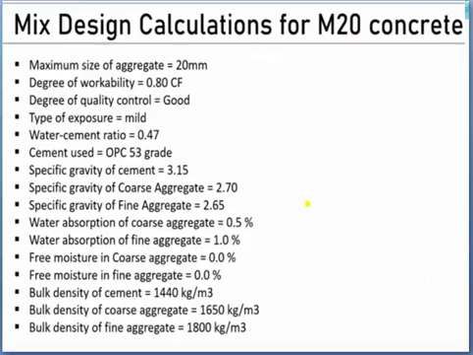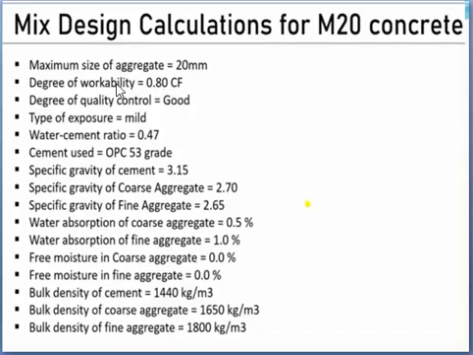So students, now we will discuss the step by step procedure in detail, which includes your mix design. Mix design calculation for M20 concrete. We will be taking grade of concrete M20, and we will be discussing the step by step procedure in detail. The information which we have for this M20 grade of concrete: maximum size of aggregate used is 20 mm, then degree of workability 0.80 compaction factor.